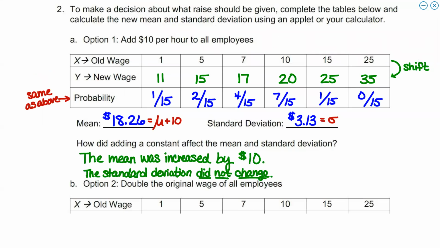We shifted it, so my original histogram stayed like this, and it shifted on down. What was the range from what we did yesterday, from 1 to 25? 24. What's the range of my new wages when I added 10? Still 24, my range didn't change, it didn't get any more spread out.